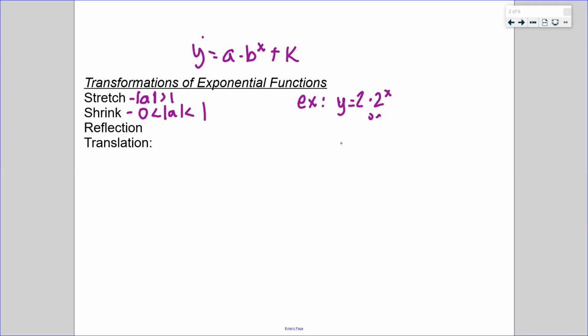Or y equals 1/2 times 2 to the x, that would be a shrink. Both growth, because 2 is bigger than 1 for b, but this one will be going up quicker. It looks something like this, where this would be going up slower. So that's what a stretch and a shrink do.